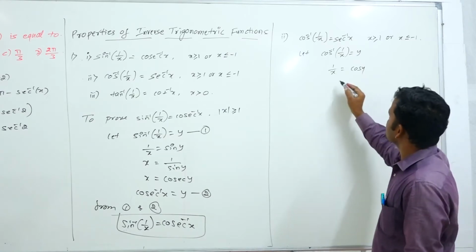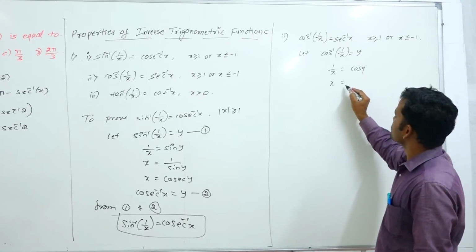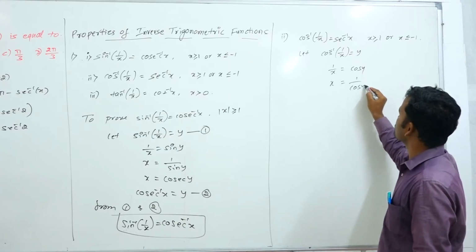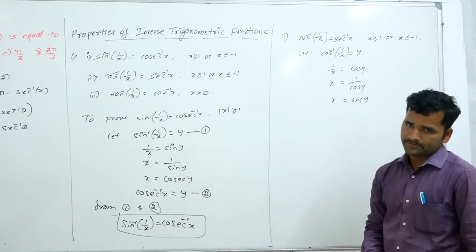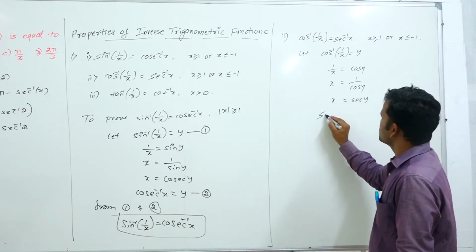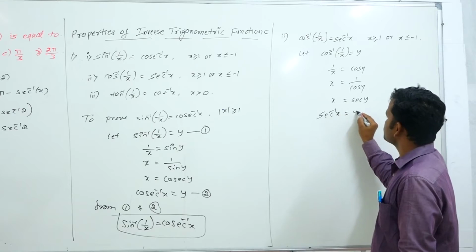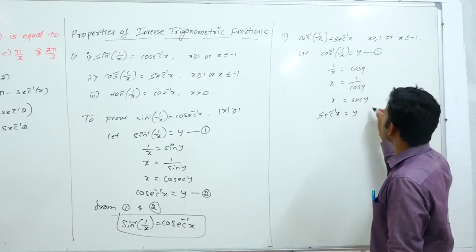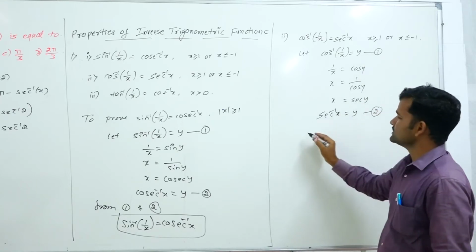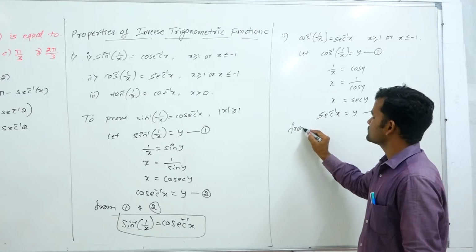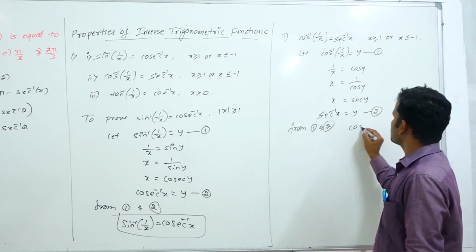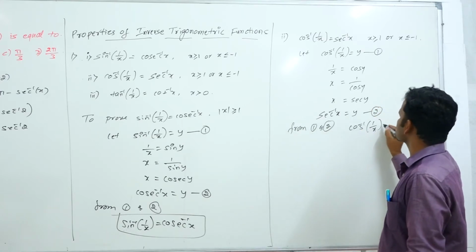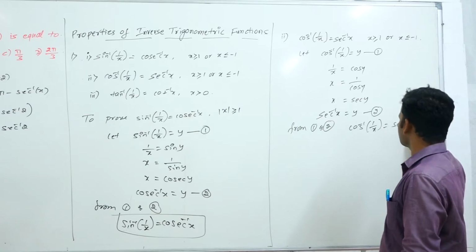That's why taking the reciprocal, x is equal to 1 by cos y, x is equal to secant y. Then secant inverse of x is equal to y. This is equation 1 and this one is equation 2. From 1 and 2 I have cos inverse of 1 by x is equal to secant inverse of x.